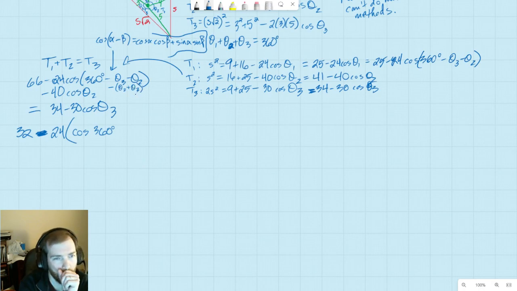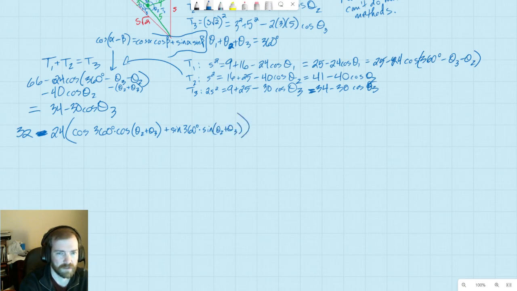So it's cosine of 360 times the cosine of theta 2 plus theta 3, plus the sine of 360 times the sine of theta 2 plus theta 3. Ooh, this may not work the way I want it to. But that's part of the fun.